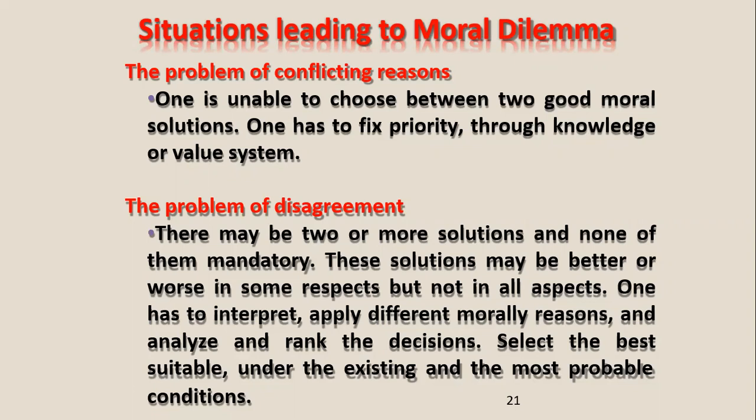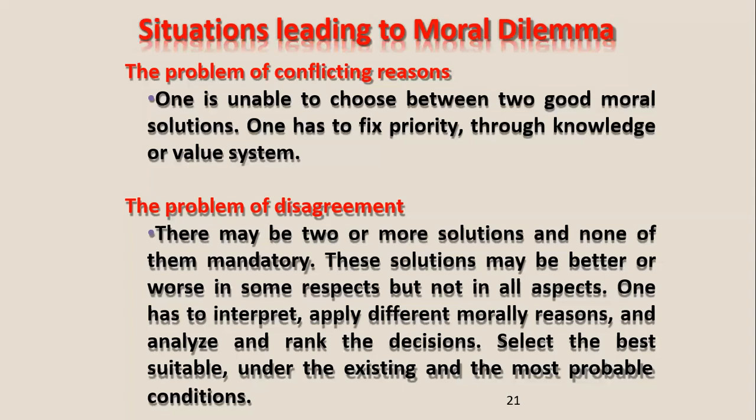In other words, two or more moral obligations, duties, rights, or ideals come into conflict with each other. Independently, each one is good and correct. But when they come together, it is very difficult to choose the good one. This situation is another moral dilemma.